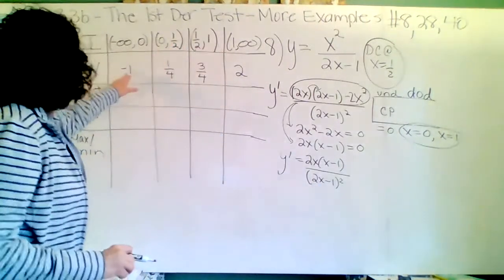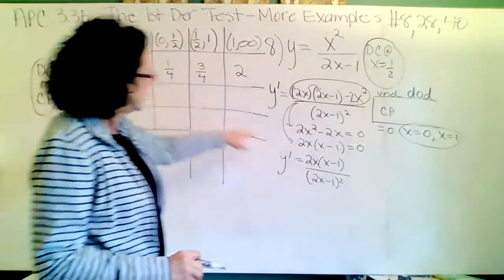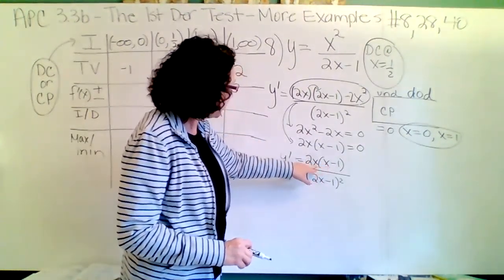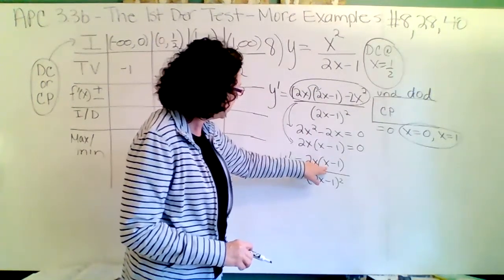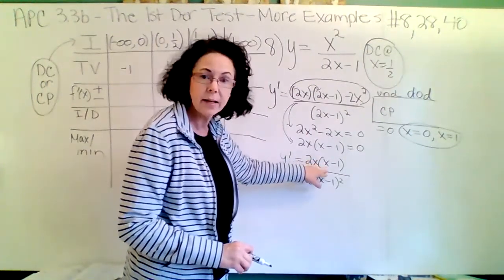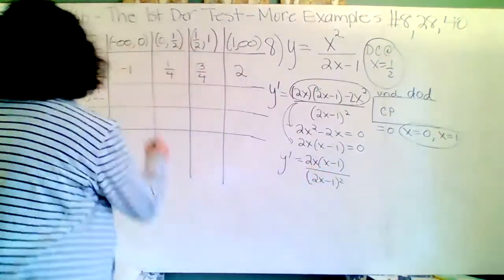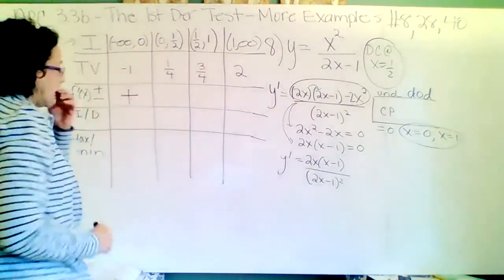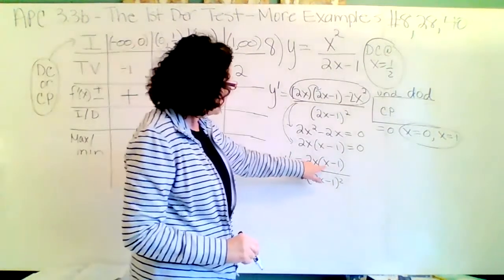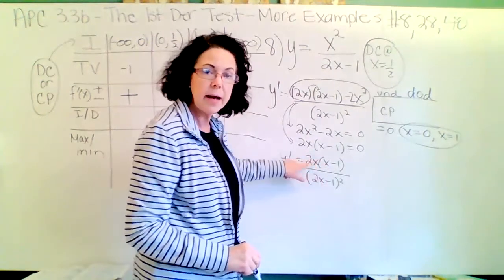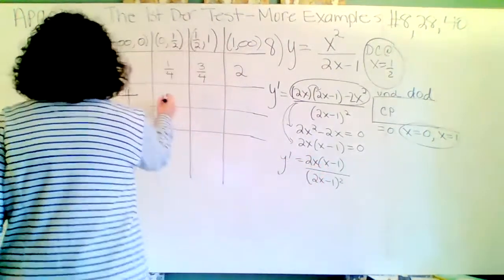So take a look here. When you put a -1 into the numerator, you will have a -1 here, a -1 here, which is a negative times a negative, which is a positive. That's all I care about. Let's put in a 1/4. A 1/4 here will be positive, here will be negative. A positive times a negative is a negative.